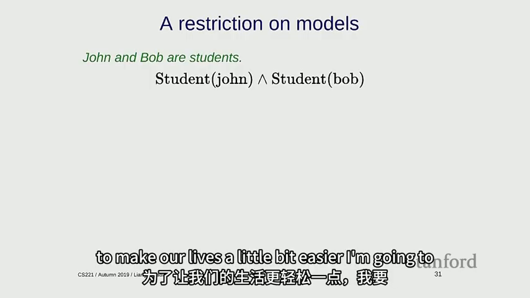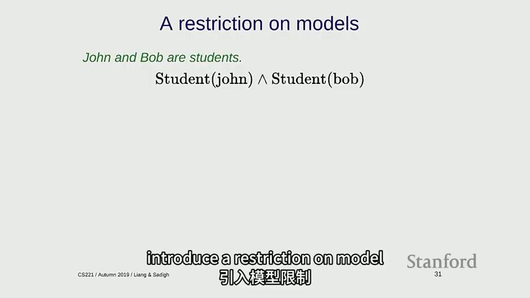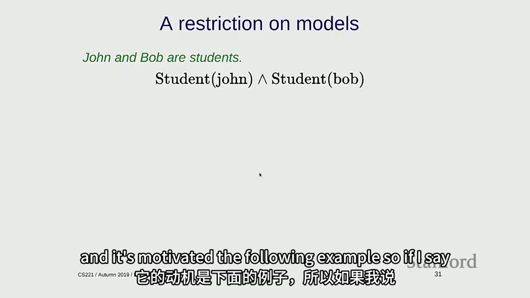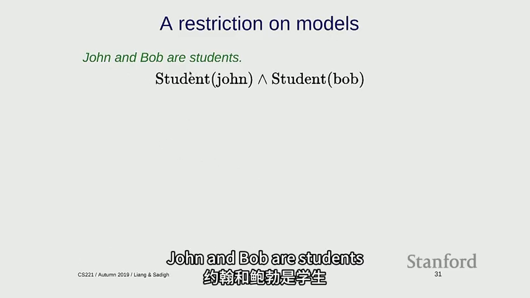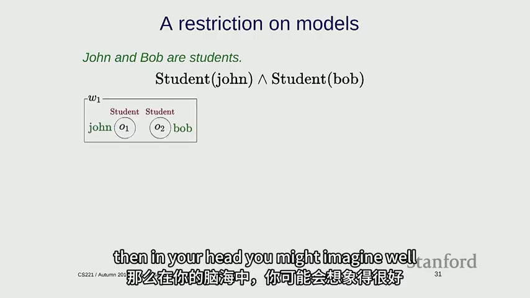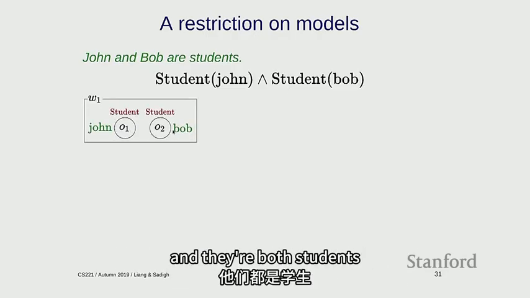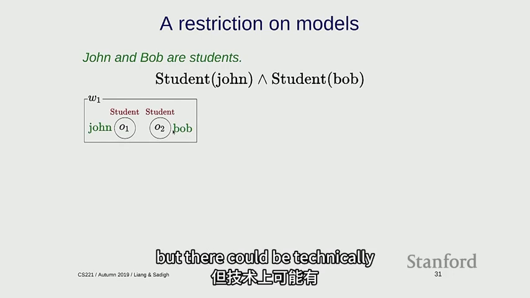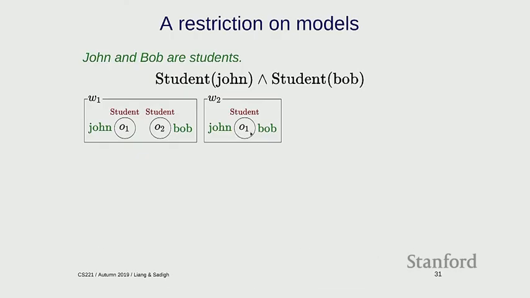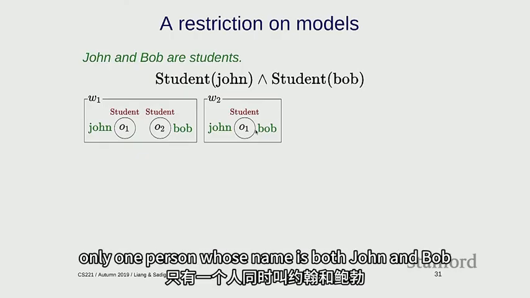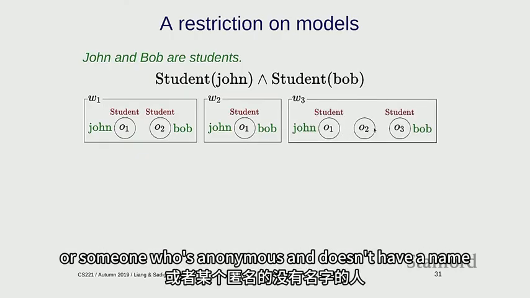So now, to make our lives a little bit easier, I'm going to introduce a restriction on a model. And it's motivated by the following example. So if I say John and Bob are students, then in your head you might imagine, well, there's two people, John and Bob, and they're both students. But there could be technically only one person whose name is both John and Bob, or someone who's anonymous and doesn't have a name.